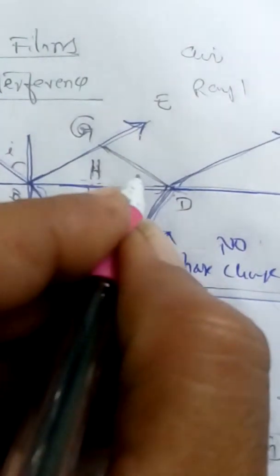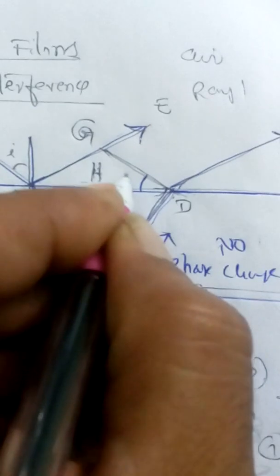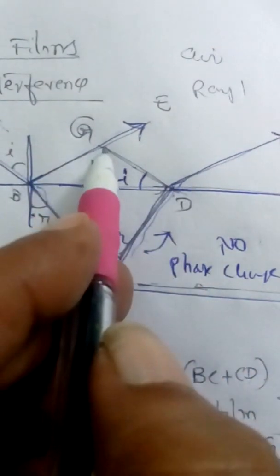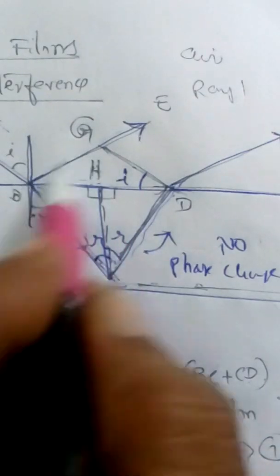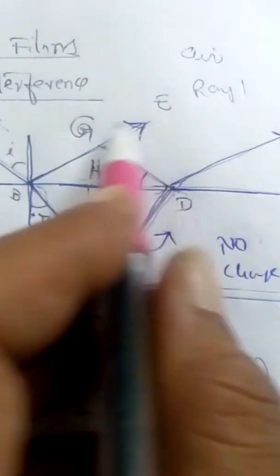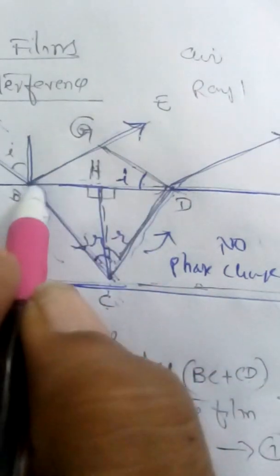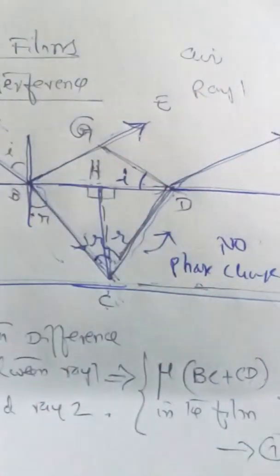Now this angle is I. The sine value if you want to calculate, from the triangle BGD, sin I is equal to BG by BD. That is what I am trying to write here.